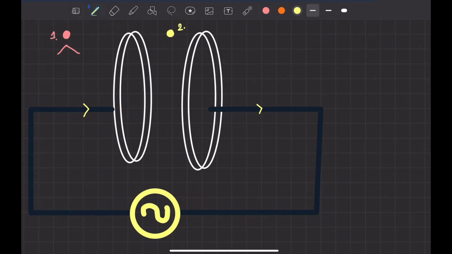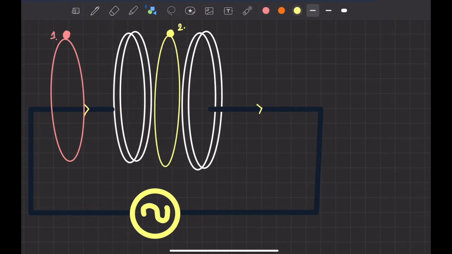If I draw an Amperian loop at point 1, like this, the loop goes through point 1, so we can do the integration and find the value of B. But if I draw another Amperian loop over here, it's clear that no current is penetrating this Amperian loop, so it is not possible to have a magnetic field at point 2 according to Ampere's law.